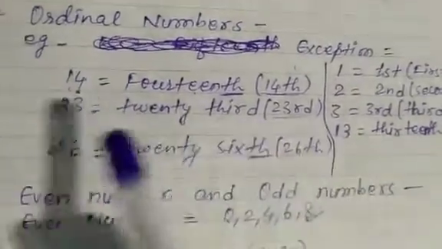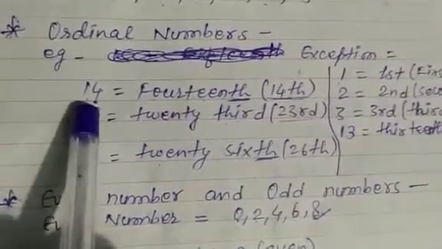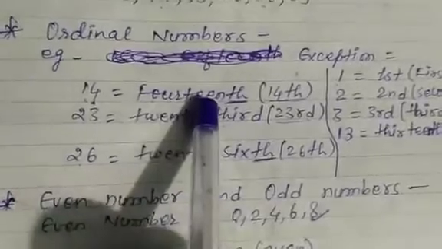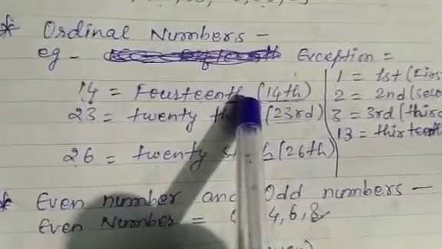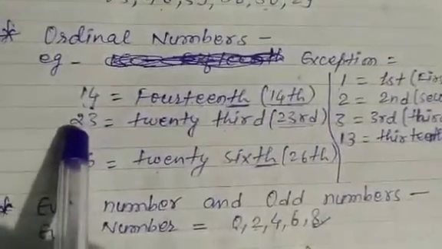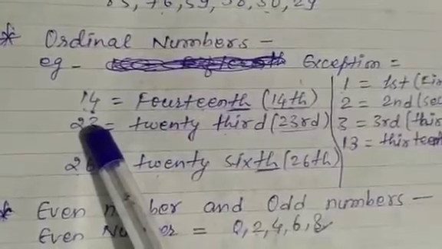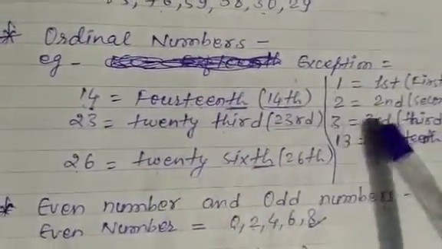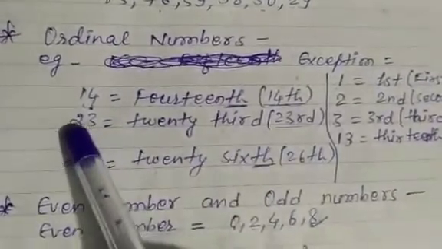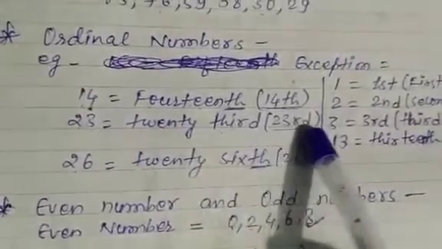Okay, now when we write the number word of 14, it will be 14 and th, the identity of ordinal number, 14th. Okay, when 23 is written, as you know that 3 is in the ones place and 3 is written as third, so we write here 23rd. As you can see here, 23rd.